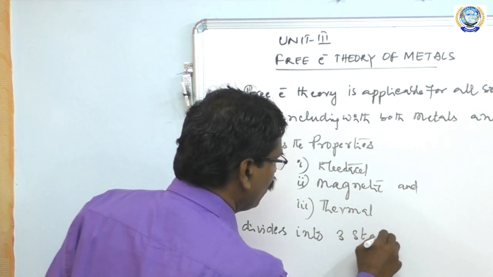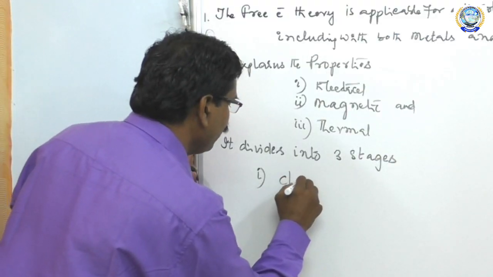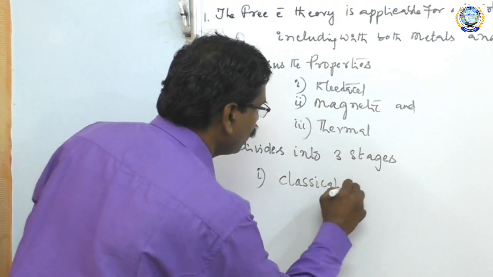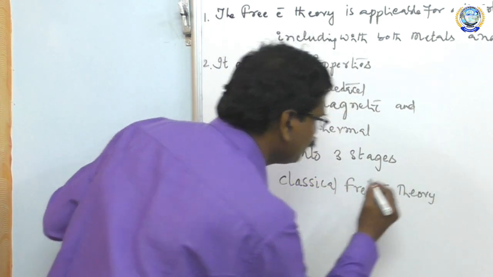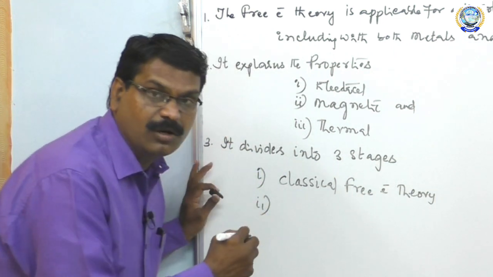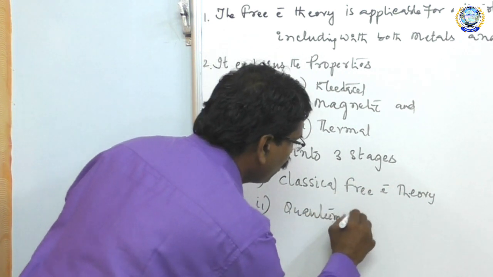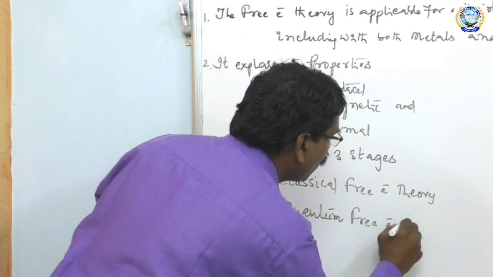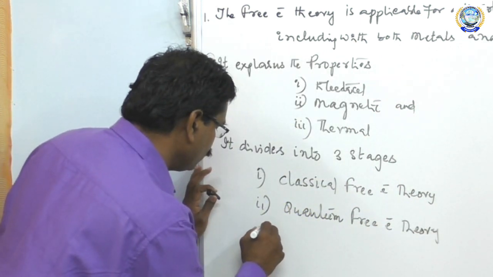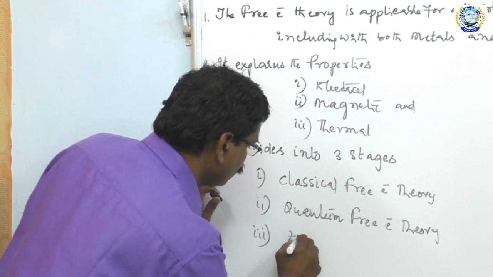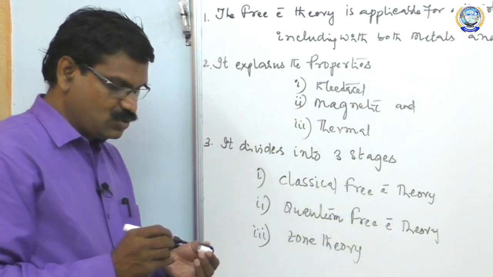They are number 1, classical free electron theory, number 2, quantum free electron theory, and number 3, zone theory. Let us discuss one by one.